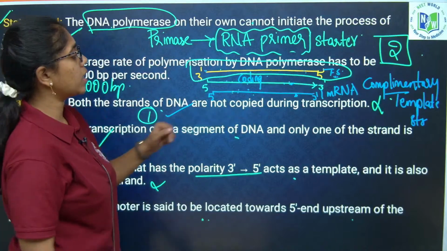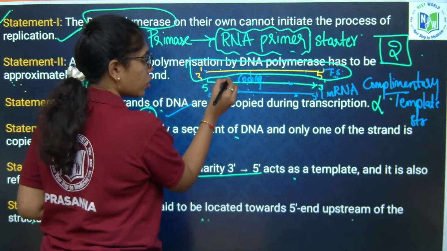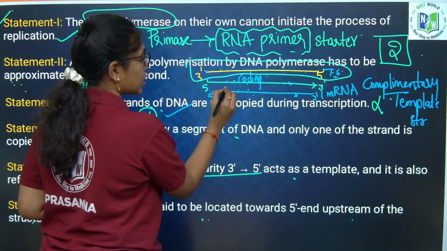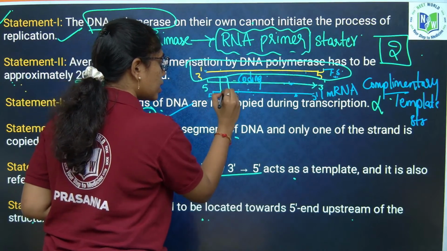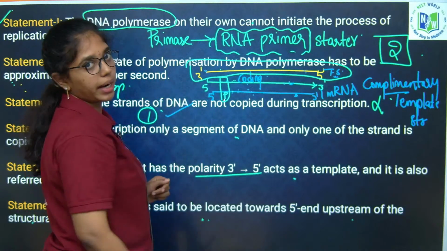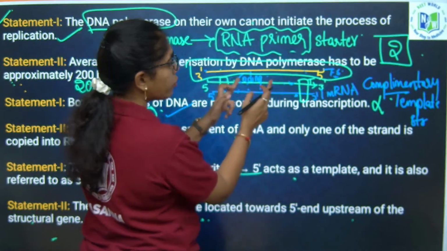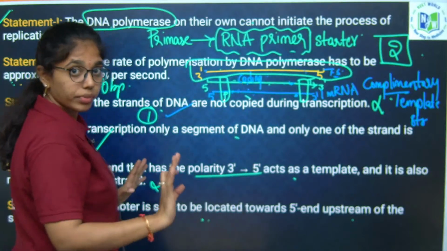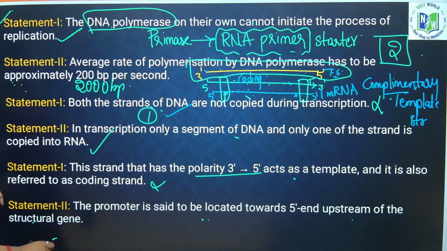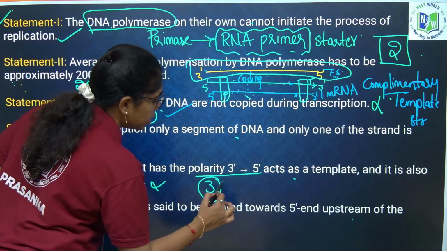This is the structural gene, beta, and with respect to the coding strand or structural gene, the promoter region is present towards the 5' end, and the terminator is towards the 3' end of the coding strand. Clear? So yes, this is true. When statement 1 is incorrect and 2 is correct, here we have to choose option 3.